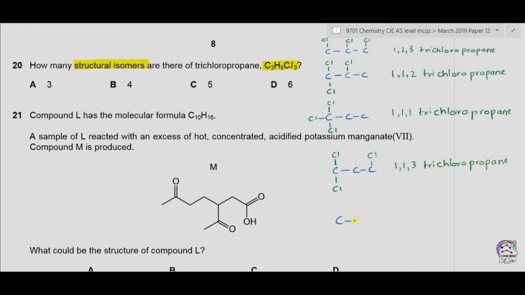In another structure, we can have 2 chlorine atoms attached with the central carbon and 1 chlorine atom attached with the first carbon. So it could be like this: 1, 2, 2 trichloropropane. Now we have 5 different structural isomers and no other structural isomer is possible, so therefore answer is C.